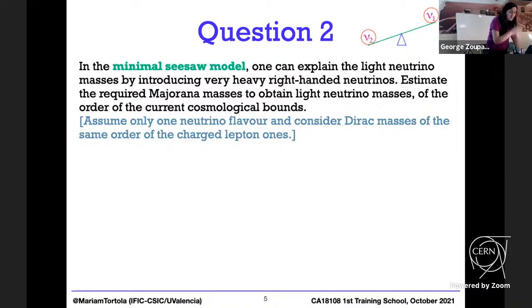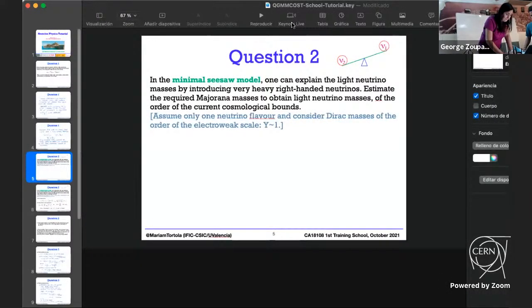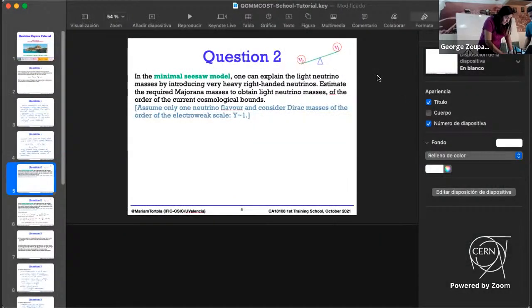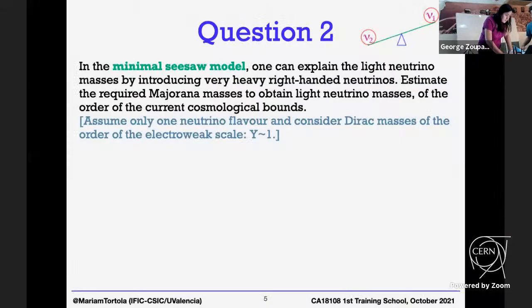Okay, now it seems it takes some time to recover the mouse. No, no, it's okay. But now I need to share again. No, you're sharing. You haven't stopped sharing. Okay, thank you.